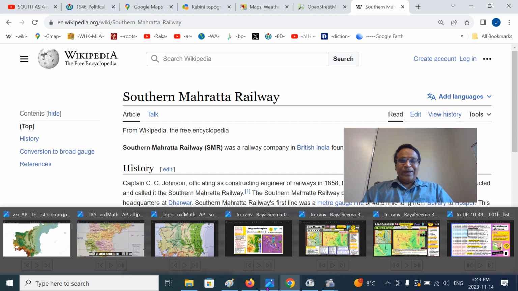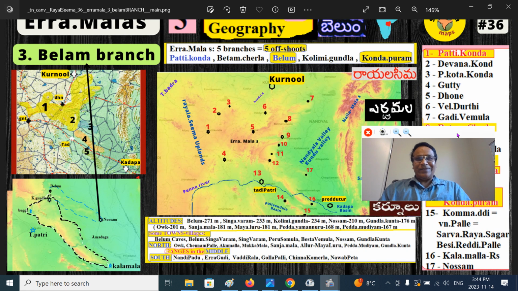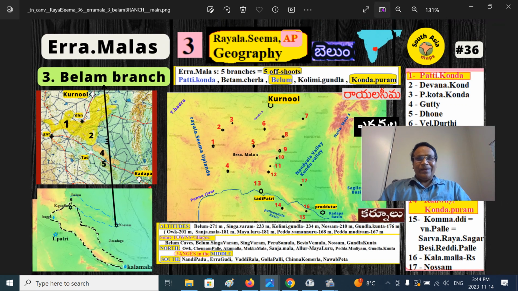So essentially, what we talked about today is the fascinating third part of the Erramala Mountains, overlooking the Nandyal Valley and Kundu River Valley on the east side, almost merging into the Rayalaseema uplands on the west side, and touching the Penna River basin in the south and the Handri, Tungabhadra, Bhavanasi River basin in the north.